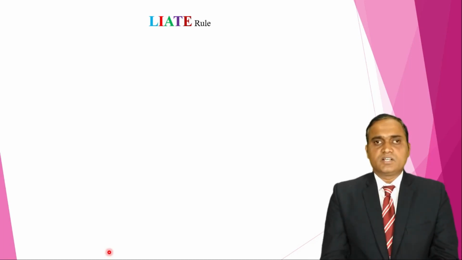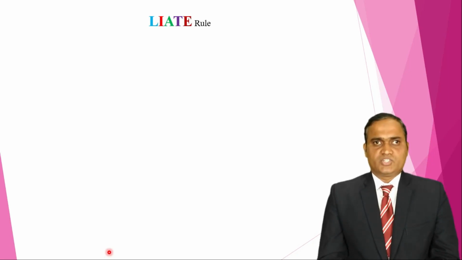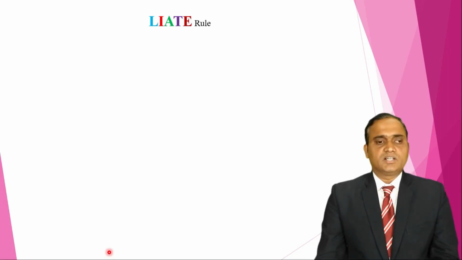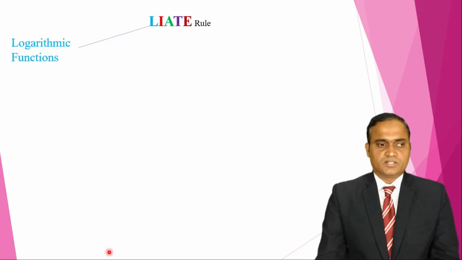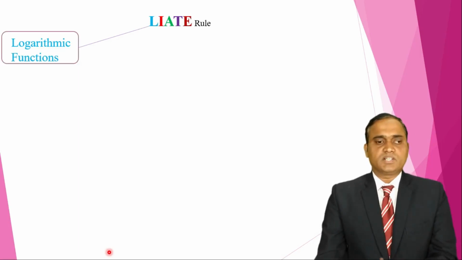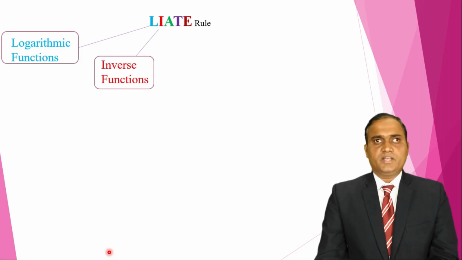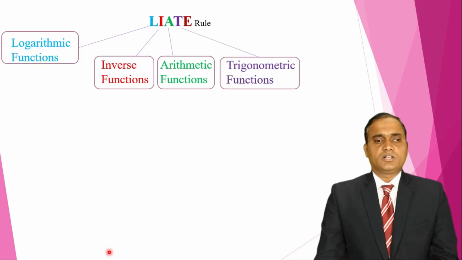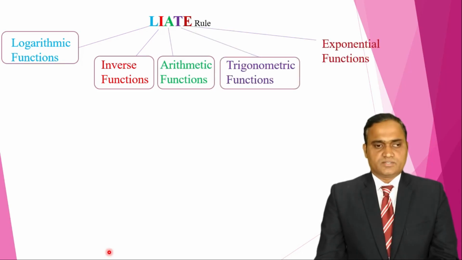By using this LIATE rule we can arrange the functions in this sequence. L means logarithmic function. First write the logarithmic function, then I stands for inverse function, A stands for arithmetic function, T for trigonometric function, and E for exponential function.